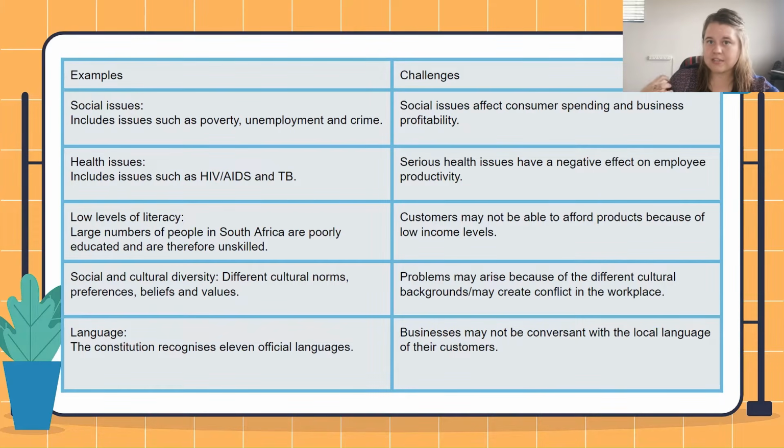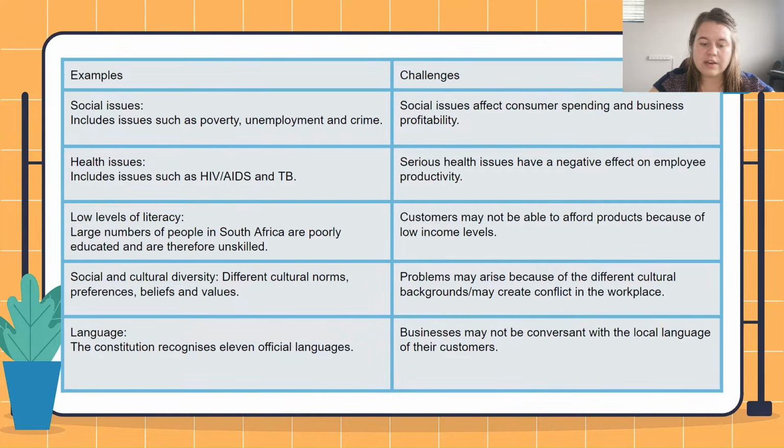So that's how that has an effect on the business. Again, situations like this, the business cannot control. Low levels of illiteracy. Large numbers of people in South Africa are poorly educated and therefore unskilled. Customers may not be able to afford products because of low income levels.